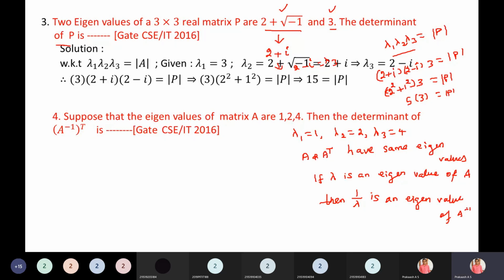So by using these two results, we can find the determinant of the required matrix.